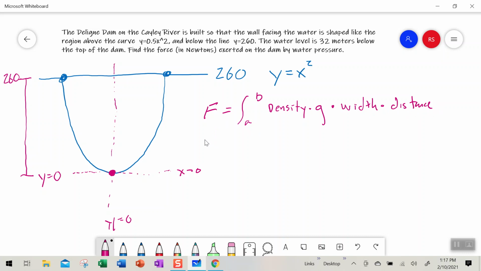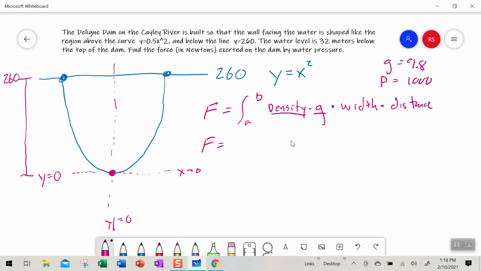And so we can abbreviate this a little bit because remember, density is going to be given to you. It's a constant. g is going to be given to you. And generally speaking, g is going to be equal to 9.8. And if it's water, then the density is going to be 1,000.